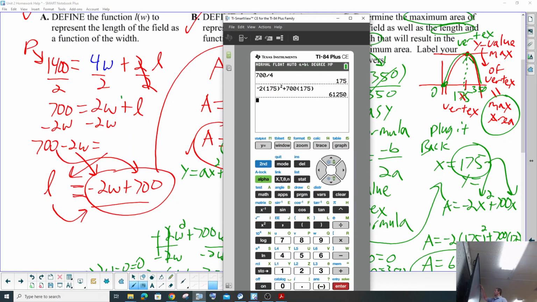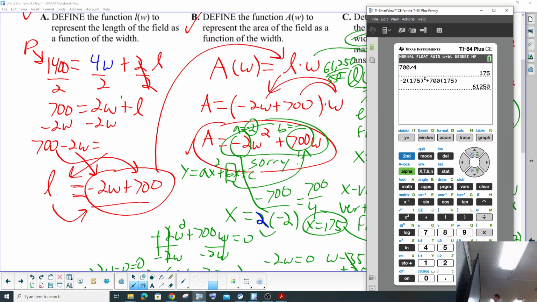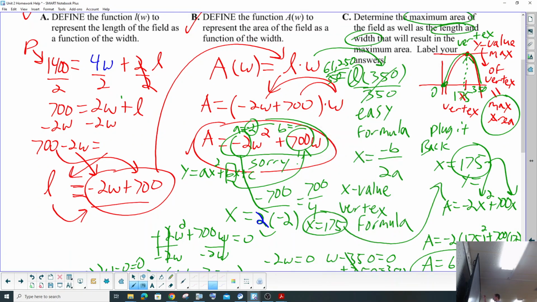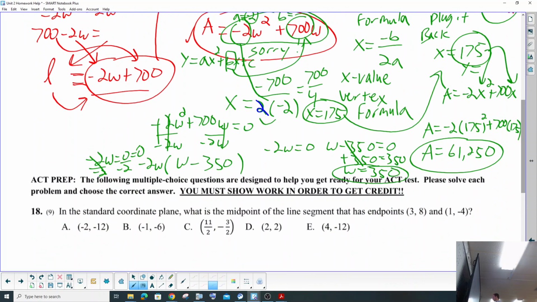I think it's 175 actually, but let's see. So we got 61,250, which is our maximum area, divided by the 350, and we get 175. We got it. So our area is 61,250, our length was 175, and our width was 350.